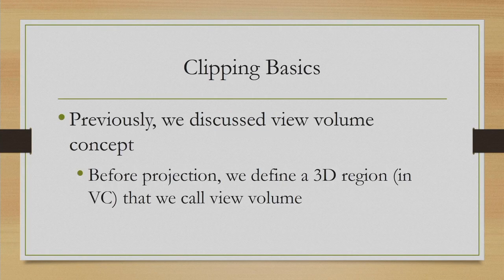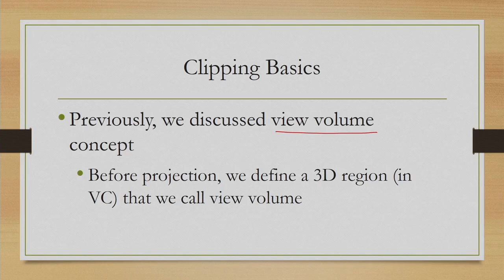If you may recollect, earlier we talked about a concept called view volume. Essentially, what we discussed is that generating a 2D image is analogous to taking a photo of a 3D scene.